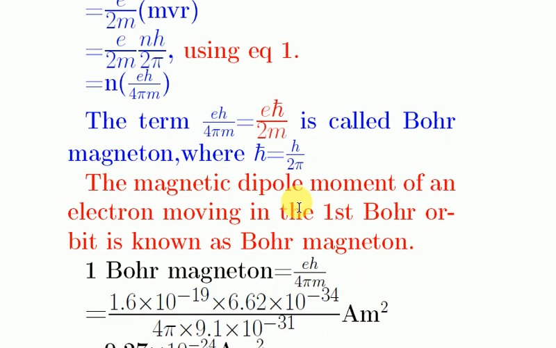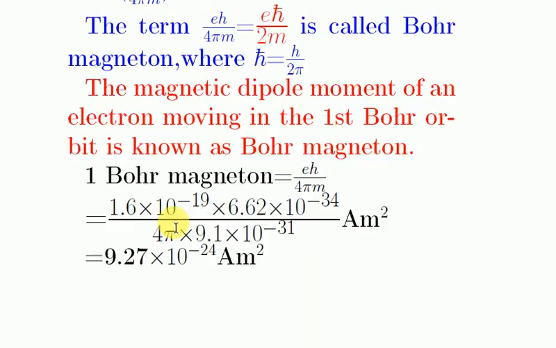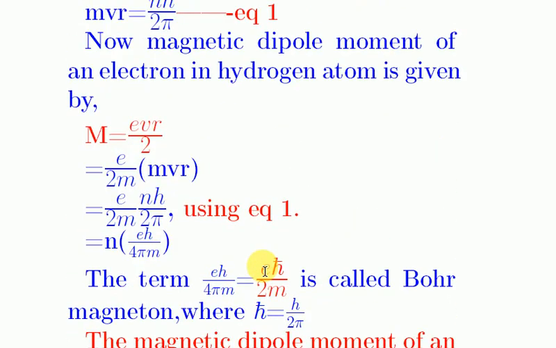The definition of Bohr Magneton is that it is nothing but the magnetic dipole moment of an electron at first Bohr orbit, and the value of Bohr Magneton is 9.27 times 10 to the power minus 24 in SI system, and its unit in SI system is ampere meter square. So this was the discussion today.